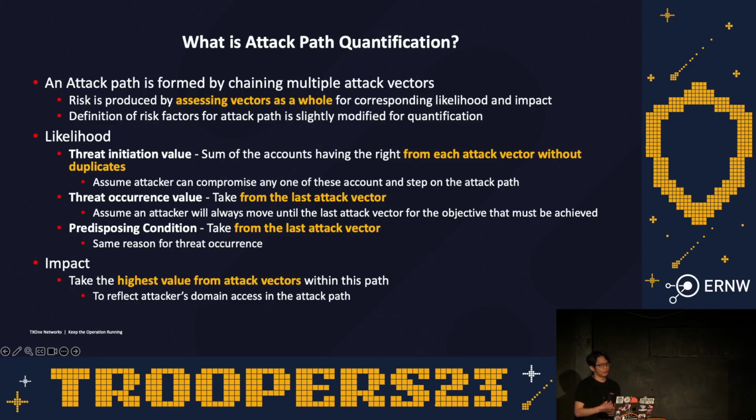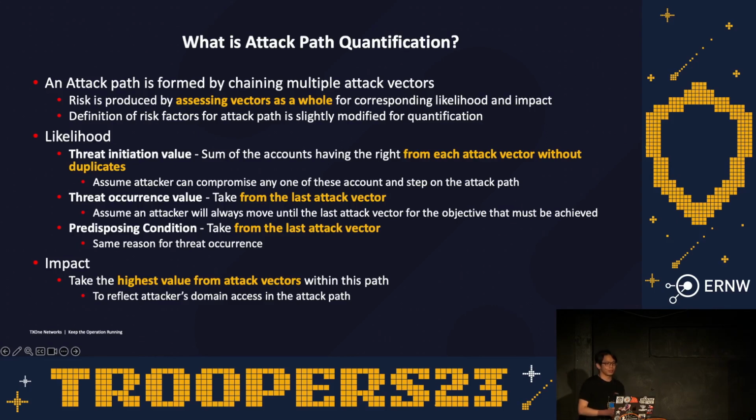To reflect the real likelihood, we also want to remove the duplicates. For example, a domain admin account can initiate the first attack vector, which can be a local admin to multiple computers, or the last one, the ACL abuse, which is also granted to the domain admin account by default. So that's the threat initiation value.